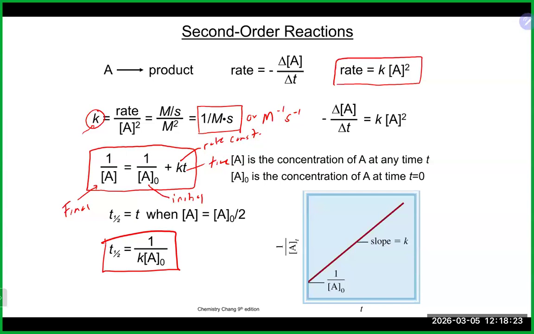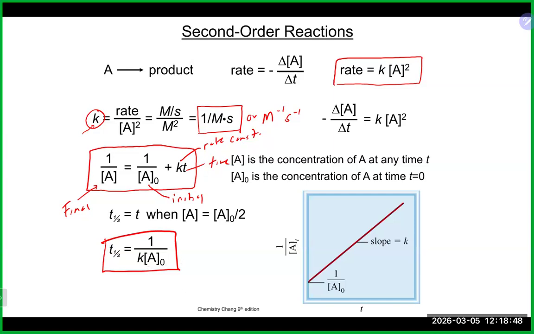Obviously, the larger our initial concentration, the larger the half-life you may see.